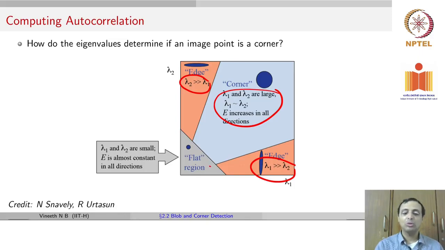And if both lambda 1 and lambda 2 are small, you're going to say it's a flat or a textureless region. So which means we know that from the eigen decomposition of A, all we are looking for is both the eigenvalues to be high, and we know we've probably hit a corner.